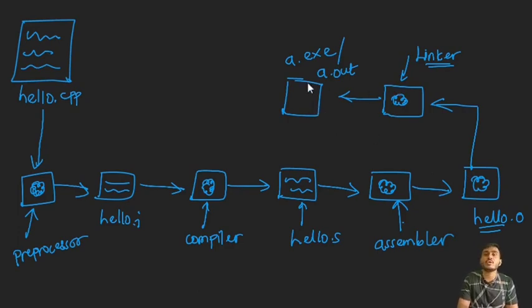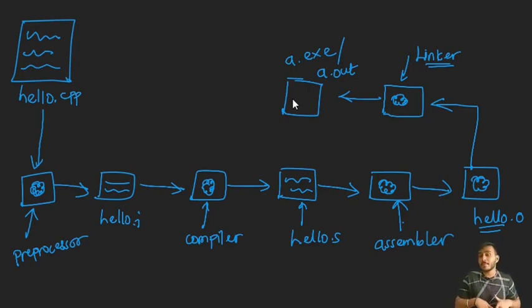So the linker is going to give the final output of the entire process, and that is going to be an a.exe file in case of the Windows operating system, and it is going to be an a.out file in case of the Linux operating system. Okay, so this is the way in which G++ works. So there are different tools. Let's quickly revise what the different tools are. We have the preprocessor, which is going to do some preprocessing.